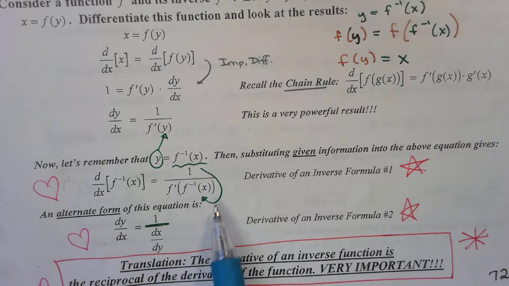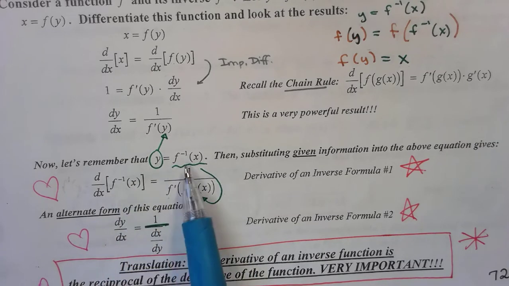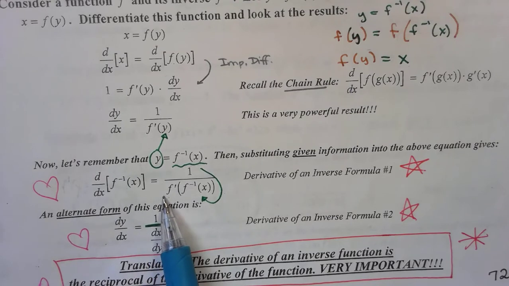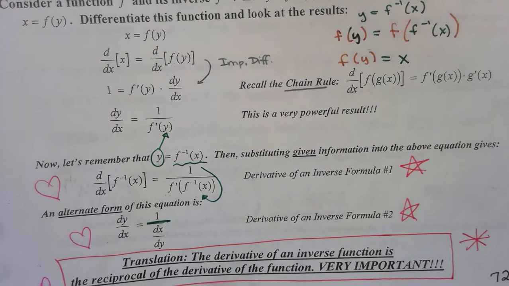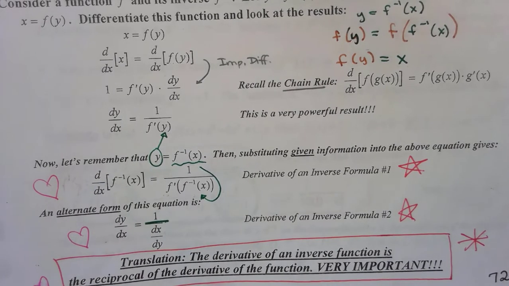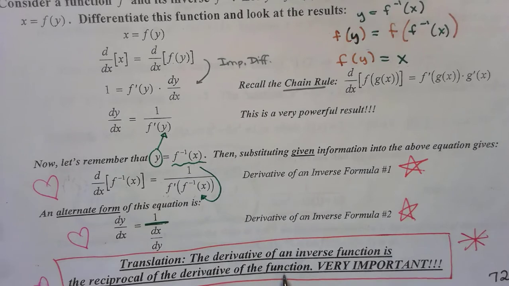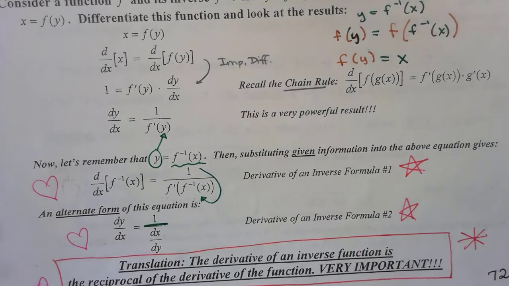So this is a very nice rule. The derivative of an inverse is 1 over f prime of that inverse, evaluated at x. Translation: the derivative of an inverse function is the reciprocal of the derivative of the function. Now we saw that in our very first example.